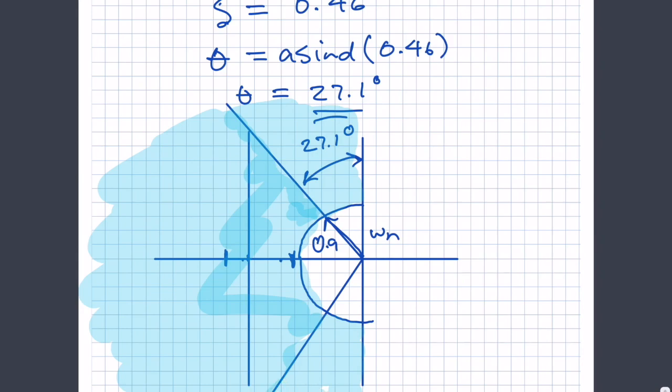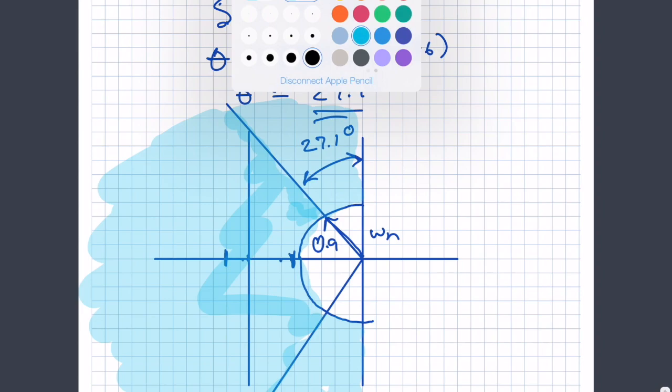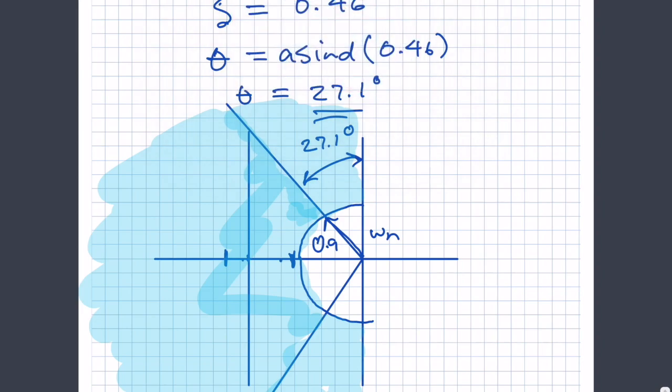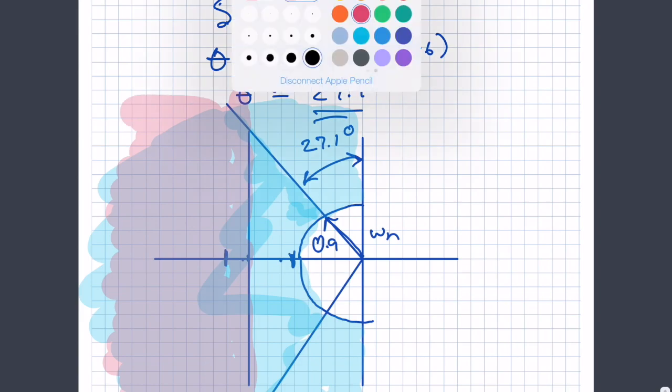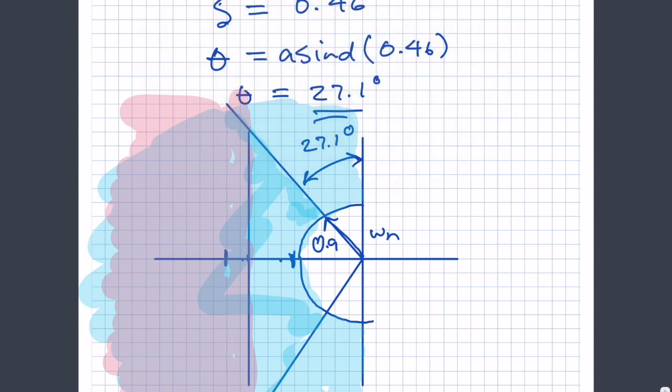Okay. Then the sigma constraint on the settling time, we'll sketch that in red. That's anything to the left of this line. Anything back in here. Okay, and then the angle, make that yellow or gold.